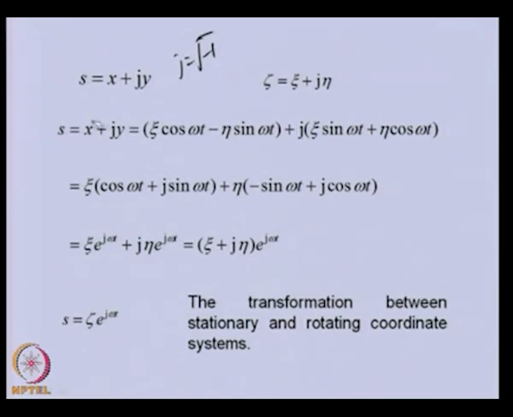Now, in place of x and y, from the previous expression we can write this in terms of zeta, xi and eta, and similarly y we can write in terms of these two, and this we can rearrange by taking common the xi term and the eta term. Within this bracket is e to the j omega t, and if we take j common, this can be converted into j e to the j omega t.